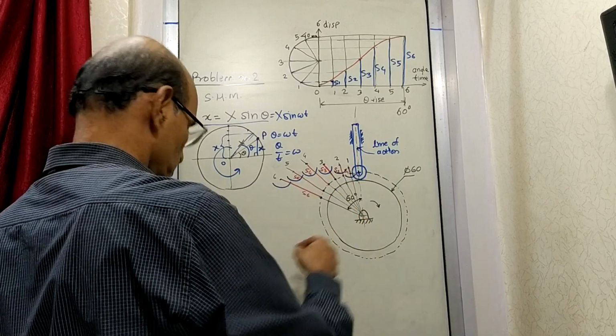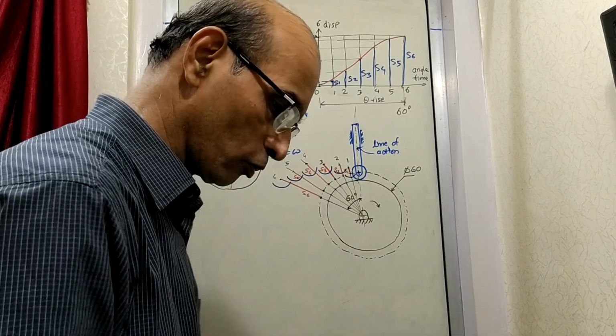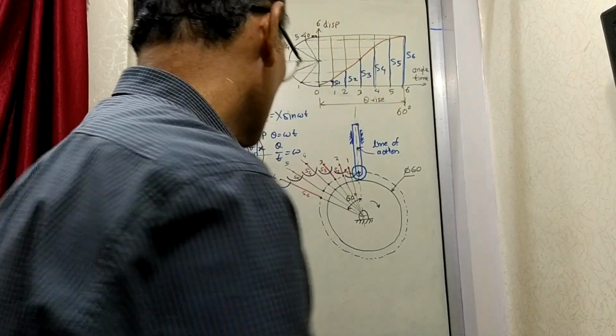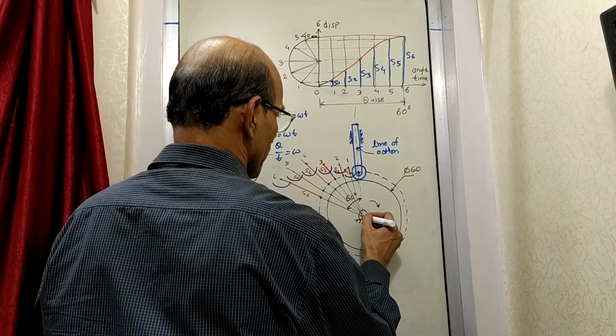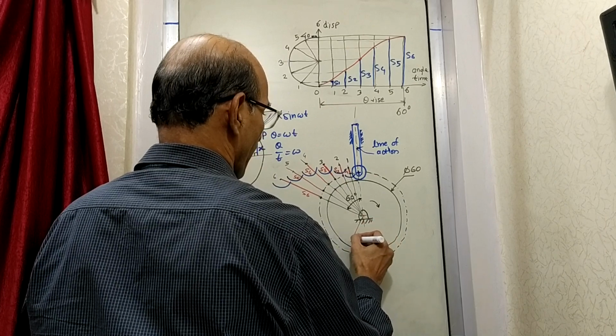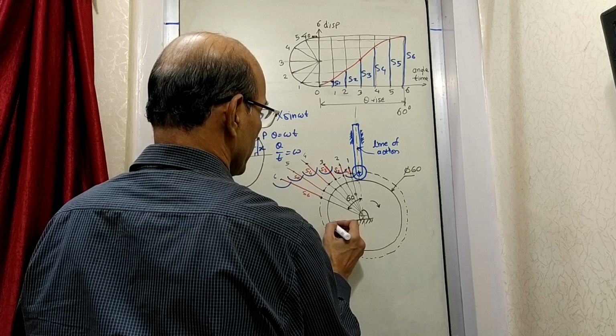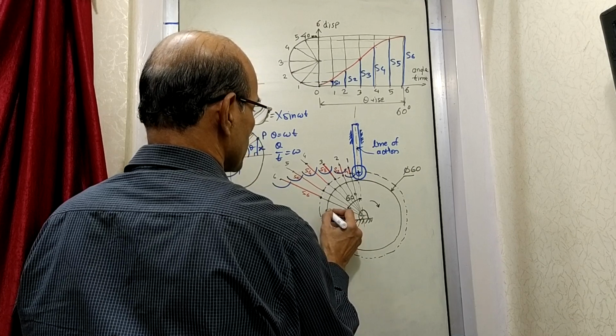So from this point onwards we are now again going to have next 60 degrees somewhere here, which again we are going to divide into 6 parts.